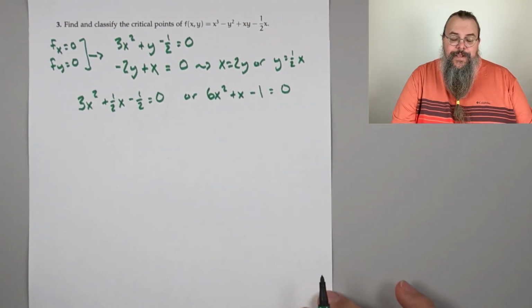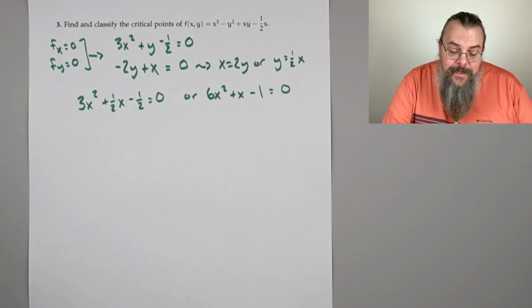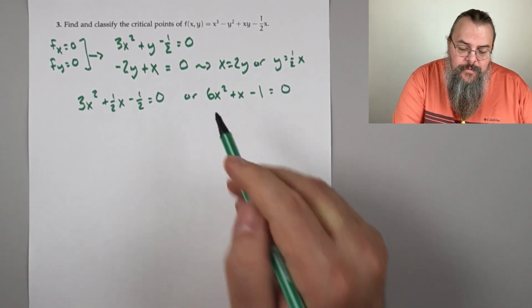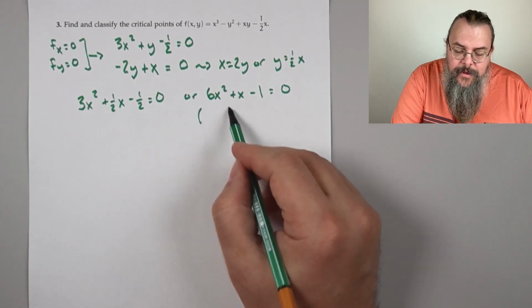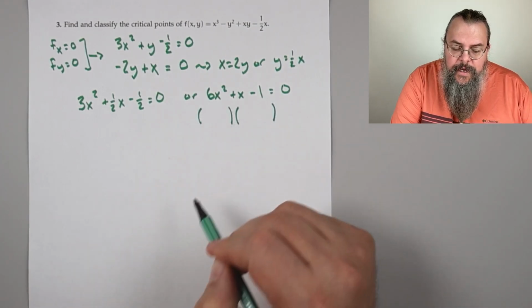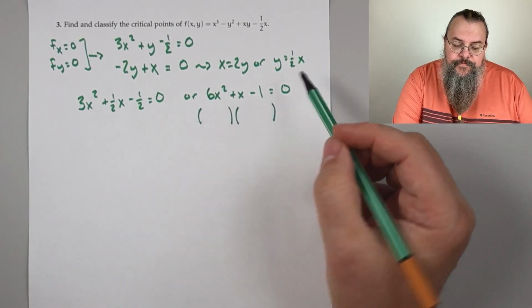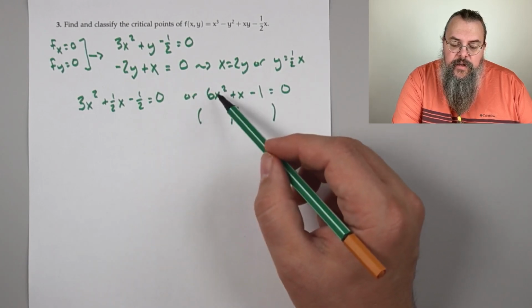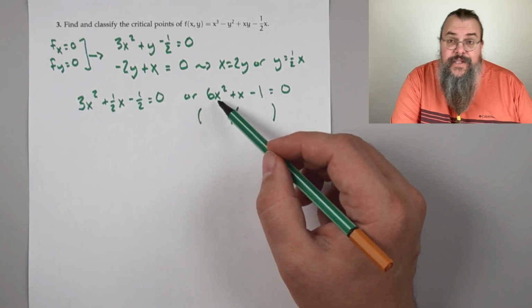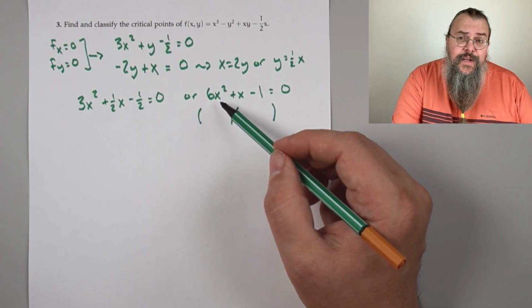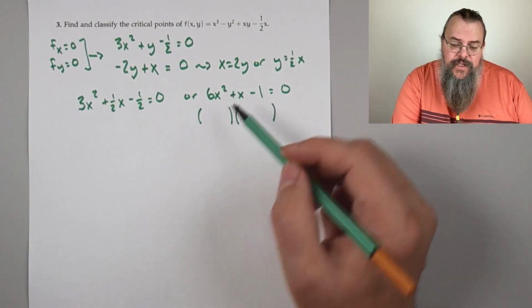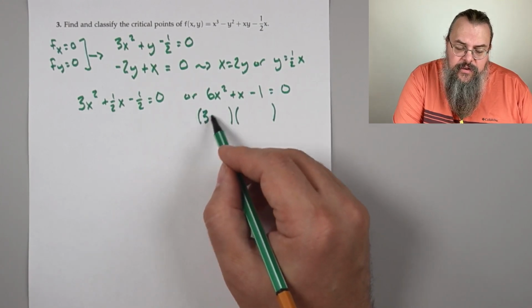All right, now can we factor? Maybe. Okay, let's try this. What would it have to be? Well, we have to break up the 6x squared, so it could be x and 6x, or it could be 3x and 2x. Given that we're shooting for an x here, let's go with the 3x and the 2x.